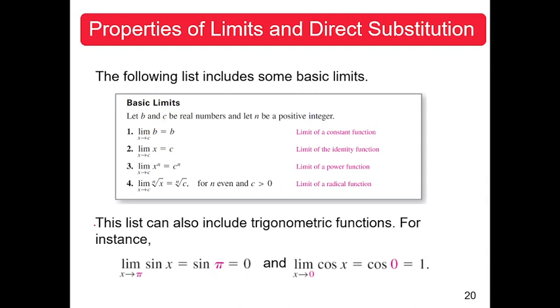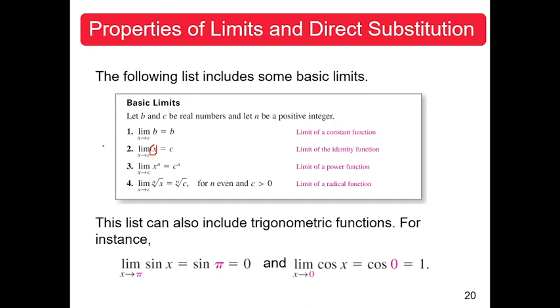Okay po? Alright. So how about when we have a variable? When we have a variable, we just directly substitute the value of your x into the x in your function po. Okay po?